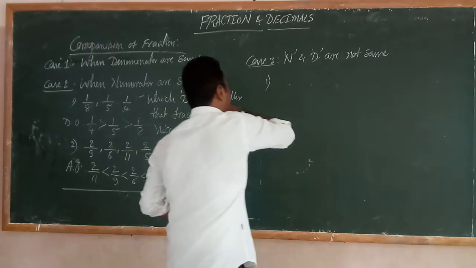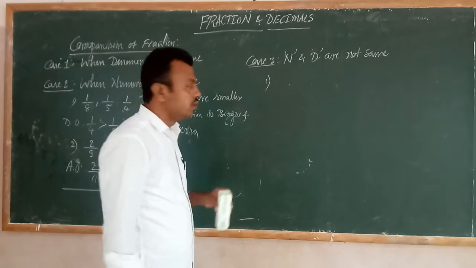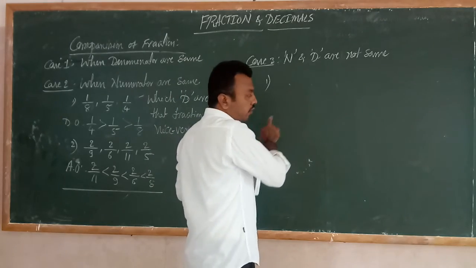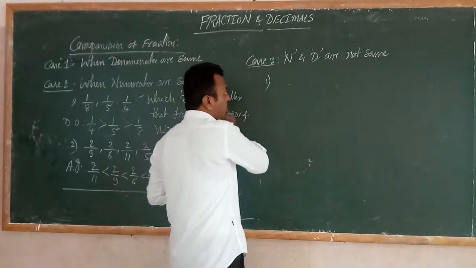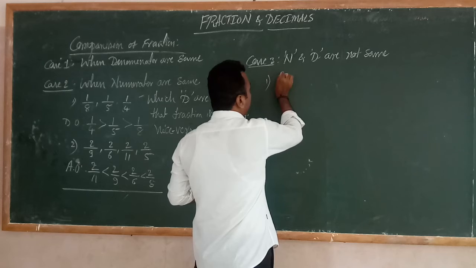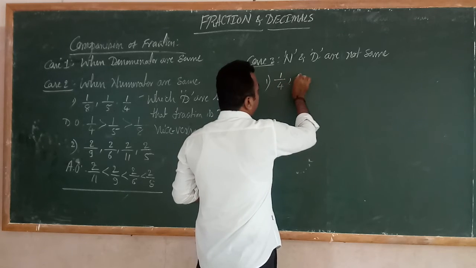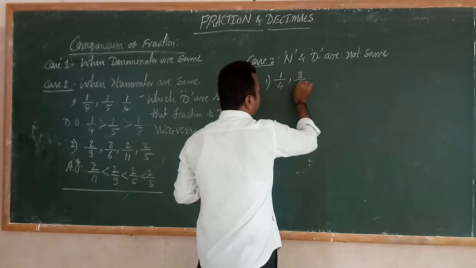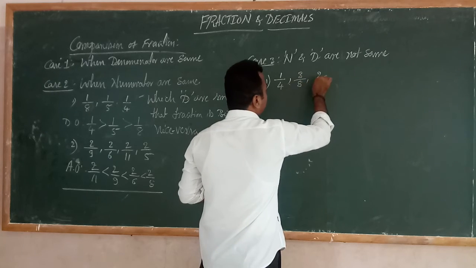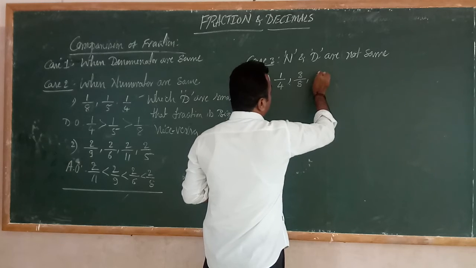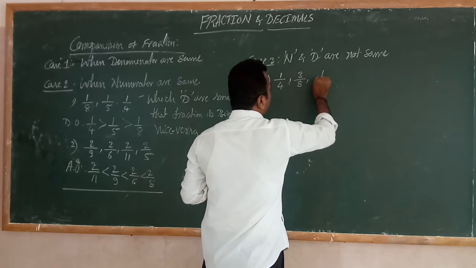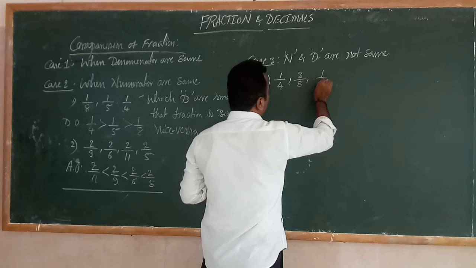So for example, when you are given this kind of question, you have to use this method. 1 by 4 and 3 by 8, and then 1 by 2.